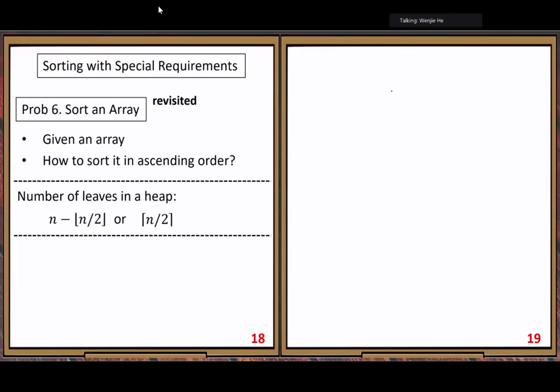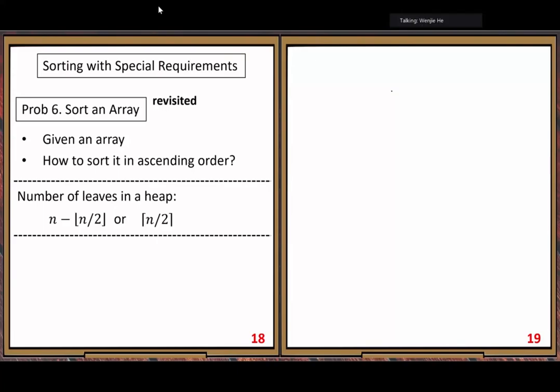We need to look at the total cost for nodes in all levels. If we recall our building process, we apply the bottom-up local heapify operations, level by level in a certain order.